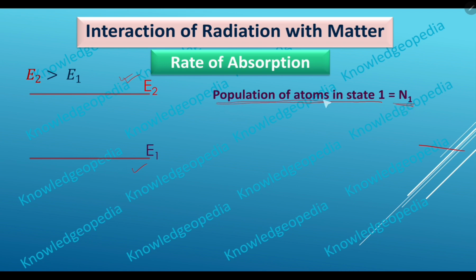What is the meaning of population of atoms? That means how many atoms are present in the ground state, and I have taken this as N1. Similarly, the atoms which are present in state E2, the second state, are represented as N2. So the population of atoms in state 2 is equal to N2.